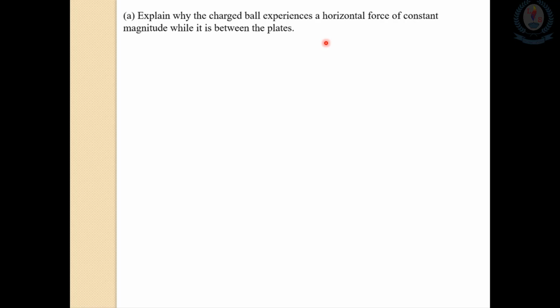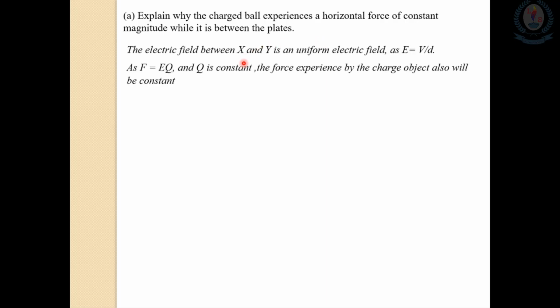Why is the electric field strength the same? As it is a uniform electric field. Why do we say uniform? Parallel metal plates which are charged. The electric field between X and Y is a uniform electric field, as E equals V over D. V is constant, D is constant, so the field is also constant.